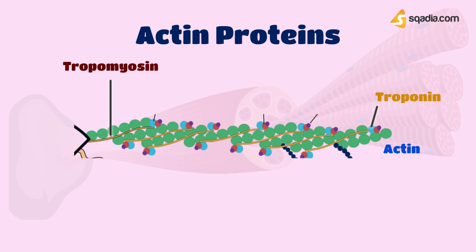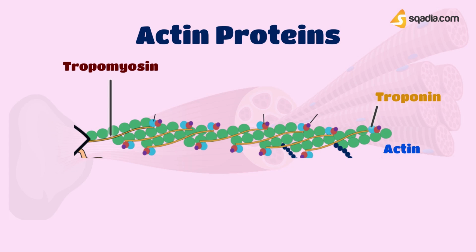Along the sides of the tropomyosin molecules, there are other proteins called troponin. Troponin is actually a group of 3 protein subunits that are loosely bound together. Each subunit has a specific role in controlling muscle contraction.